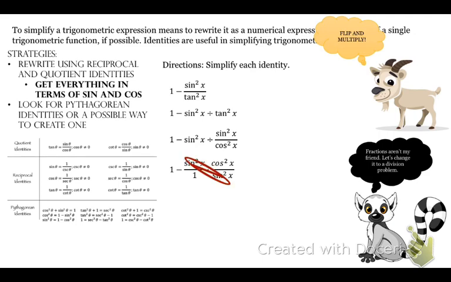Those sine squareds cancel. So I'm left with 1 minus cosine squared of theta, which if you look down at your Pythagorean identities, that's the same. Or sorry, I've been saying theta, x, whatever. It's just a variable, but that equals sine squared of x. So this equals that. It's just a simpler way of writing it.